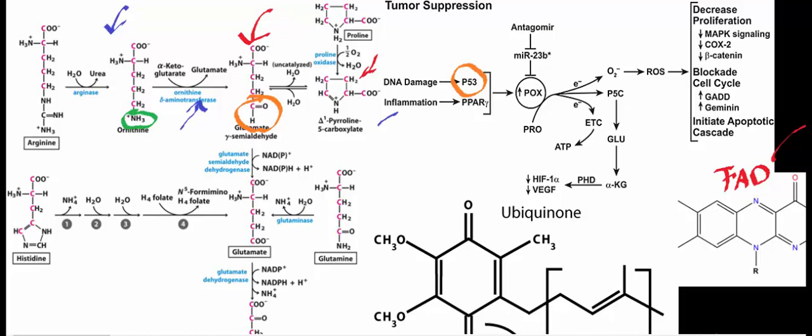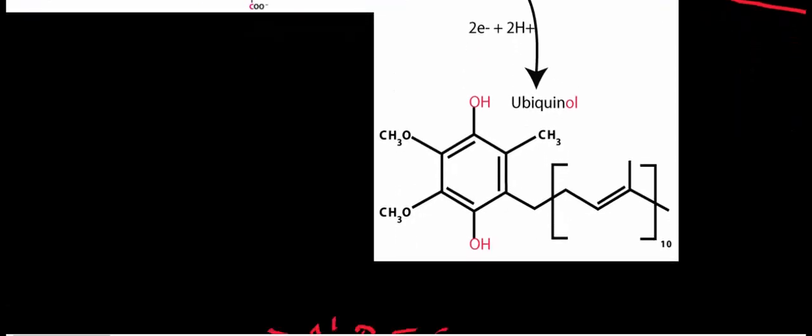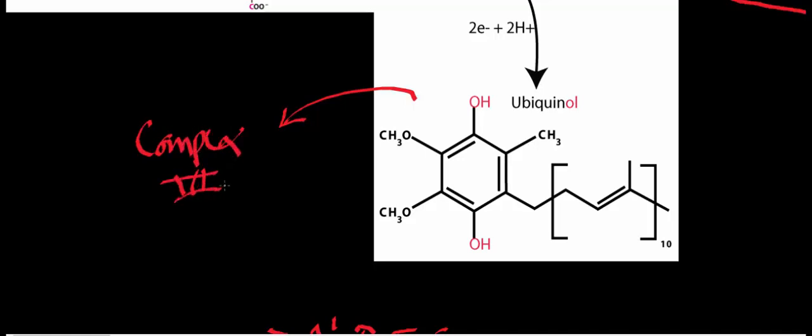And another thing that's interesting about this enzyme, we already mentioned that this particular enzyme is going to feed electrons into the electron transport chain, right? One of the electron acceptors, at least the terminal one, is ubiquinone, which gets reduced to ubiquinol. And if you remember, the ubiquinol is going to transfer its electrons into complex 3. Complex 3, which is ubiquinol cytochrome C oxidoreductase.